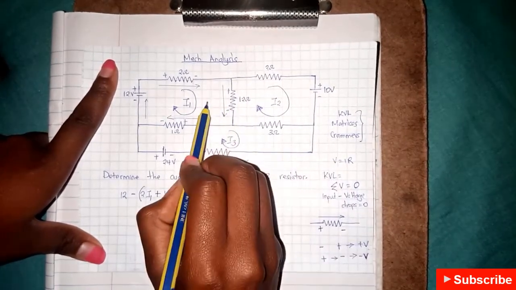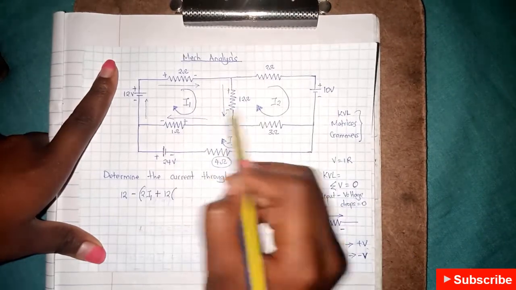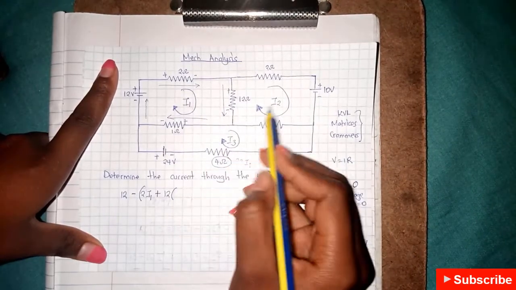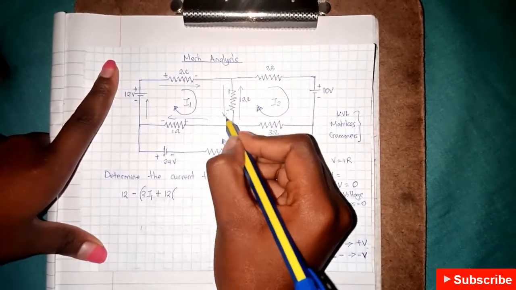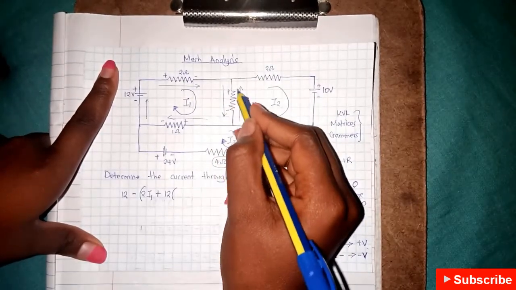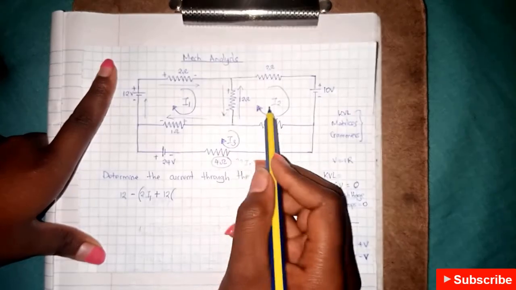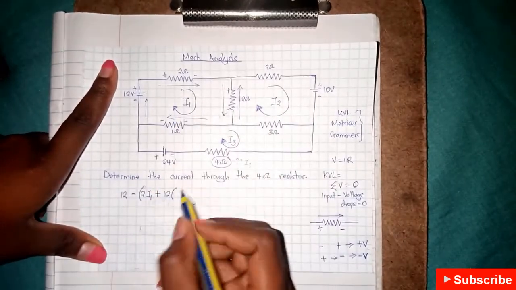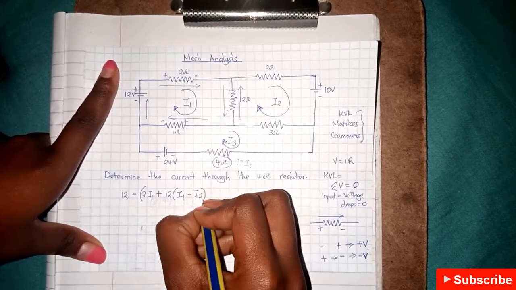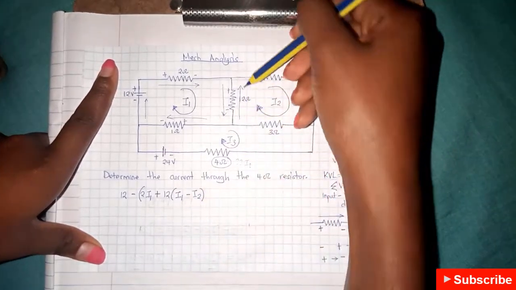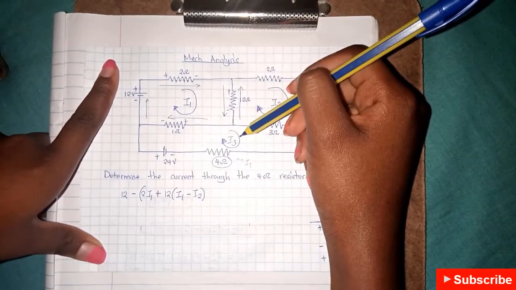This 12 is at the border of these two loops. I2 flows this way, I1 flows going down, and therefore the current here is the difference between these two currents. Since we are in this first loop, we start with I1 minus I2. If they were going in the same direction, then you would sum them up.